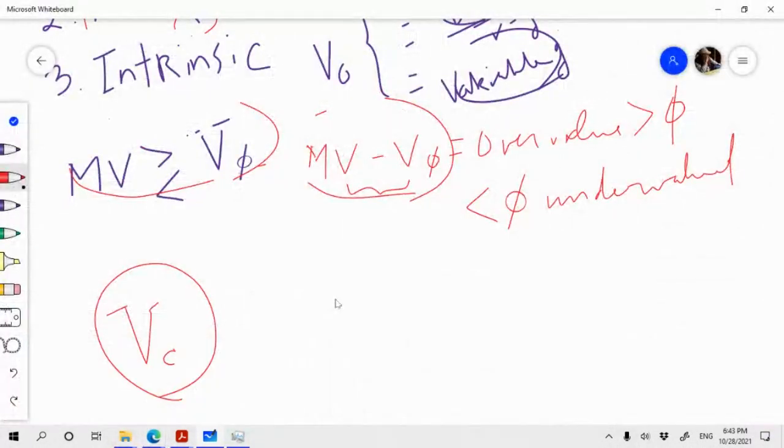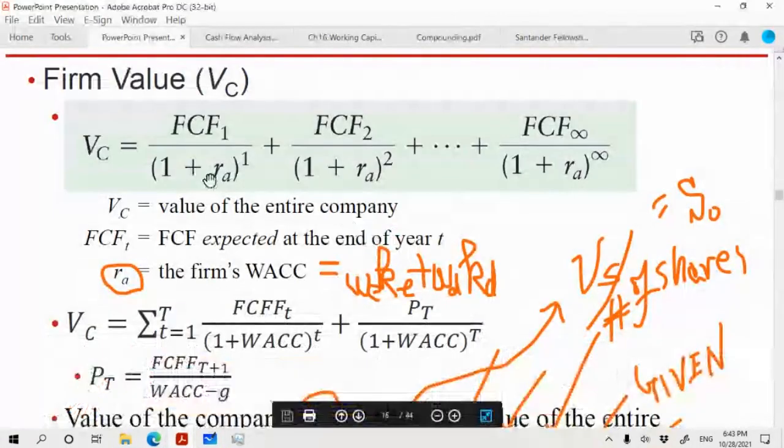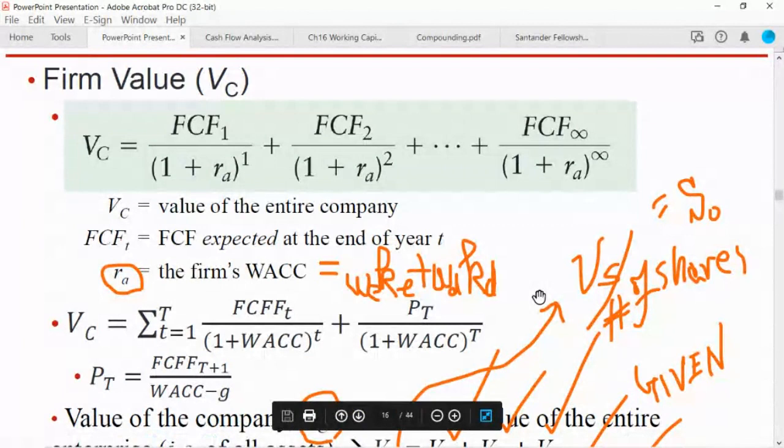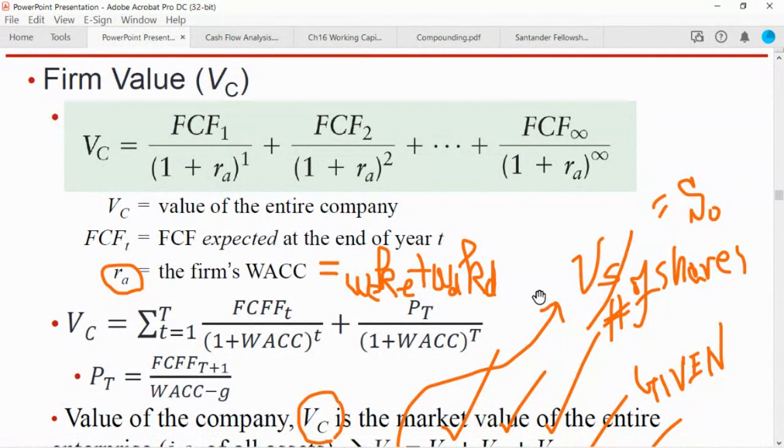It's the present value of all the free cash flows, right? That's what this is saying. Free cash flow discounted to present, all the way into the infinite future.